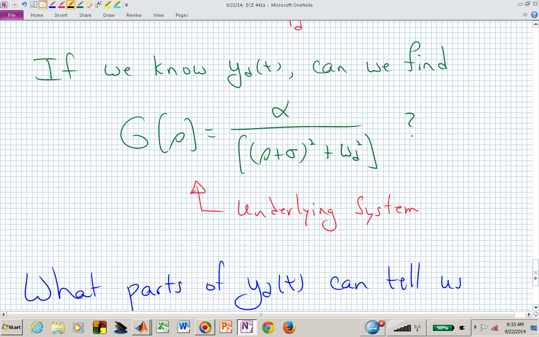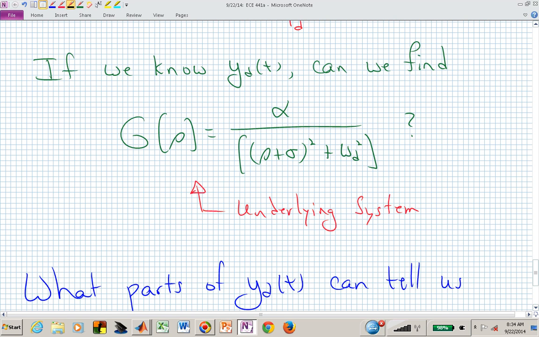What's the DC gain of G of S? How do we find the DC gain of a transfer function? What's the frequency of DC? 0. What's S? That's a frequency. It's 0. If we let S equal 0, we'll have DC, won't we? If we don't have a pole at the origin, we're going to be okay. And we don't have a pole at the origin.